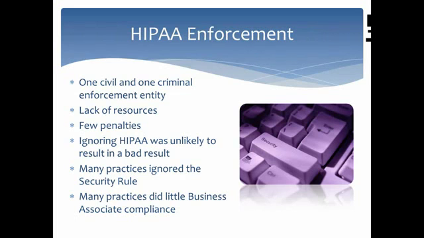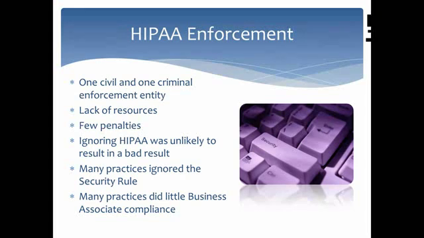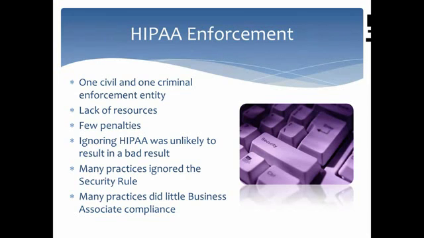From 2003, when the privacy rule kicked in, and 2005, when the security rule kicked in, for a period of five years there were very few penalties considering the number of covered entities and business associates that were out there. The fact was that some practices and organizations ignored HIPAA, and it was unlikely to result in a bad outcome. There were not too many people paying attention to this, and if breaches occurred, sometimes they went unreported. And even if they were reported, the government didn't have the resources to go after everyone.